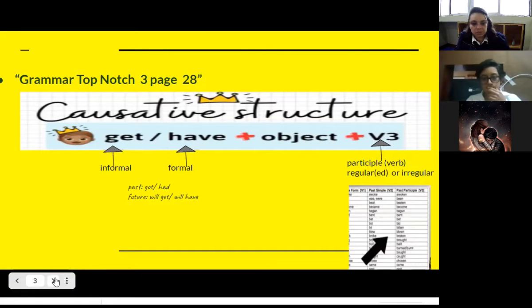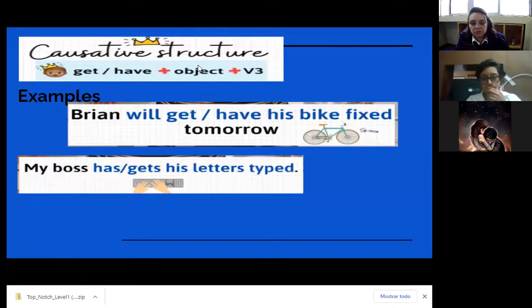Let's look at some examples. Causative structure: the person that you're talking about, get or have, plus object, plus verb in past participle. Example number one. This one is in the future, right? Brian, we are talking about one person that is receiving something. Brian is the person that receives.